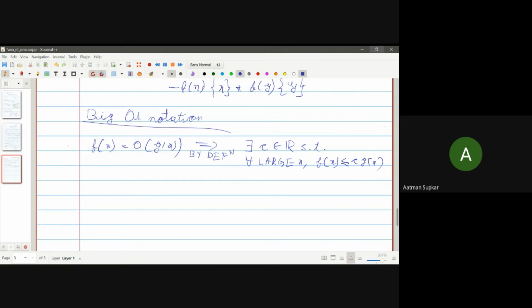We'll discuss this with some examples, of course. This means you want f and g to be defined till infinity, starting from some constant. Otherwise, the notation doesn't make sense.